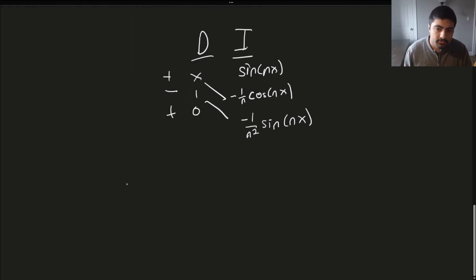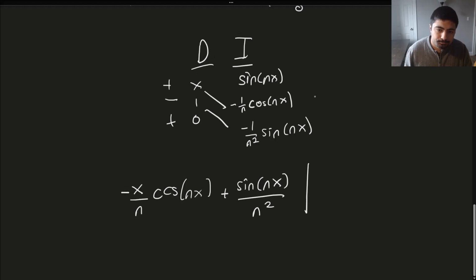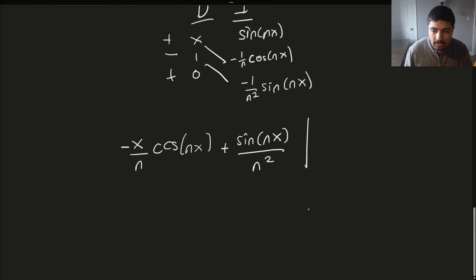So our result of this integral will be negative x over n cosine of nx plus sine nx over n squared, evaluated from 0 to pi.